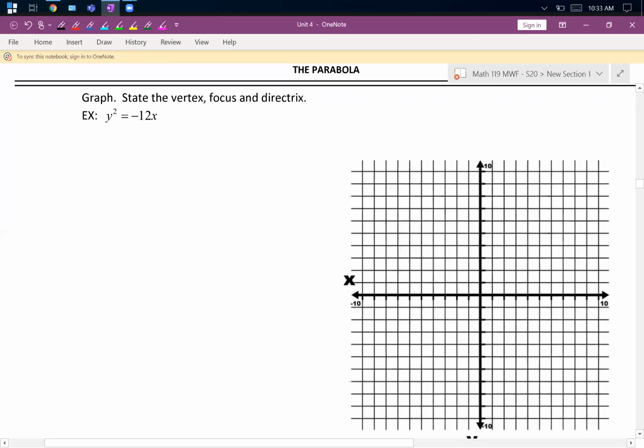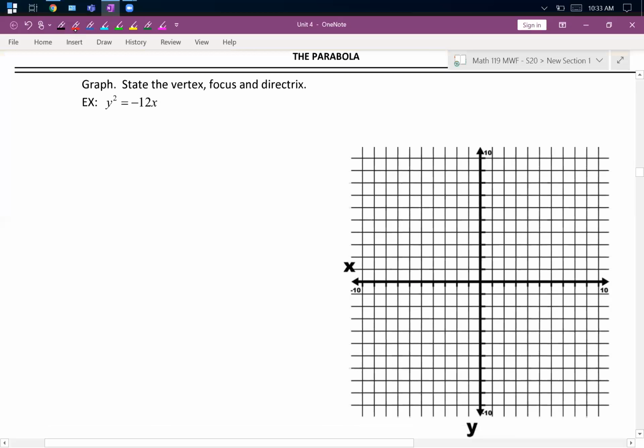All right, let's graph. We'll state the vertex, focus, and directrix. Well, first off, is this going to open up or down? Look at the variable that's being squared.